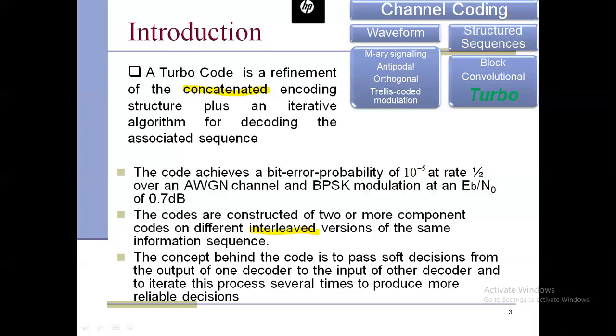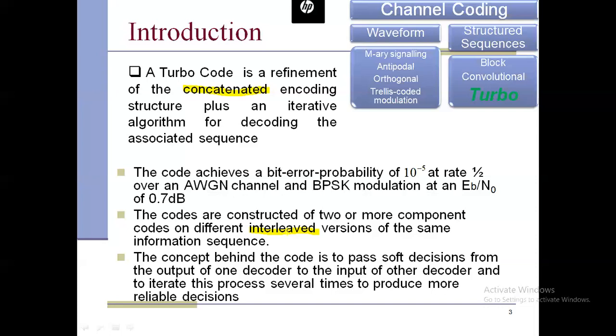So interleaving can be added to control the error burst before the encoder 1, and similarly the interleaving can be performed before the encoder 2.